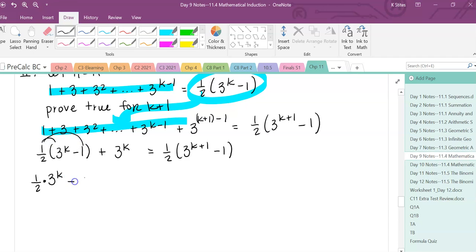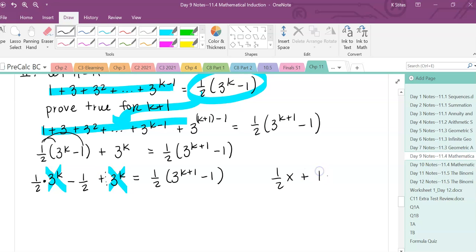1/2 times 1 is 1/2. Okay, so now I want you to think of your 3 to the k's as x's. Just pretend they're like a big old x, okay? This would be like saying 1/2 x plus 1x.